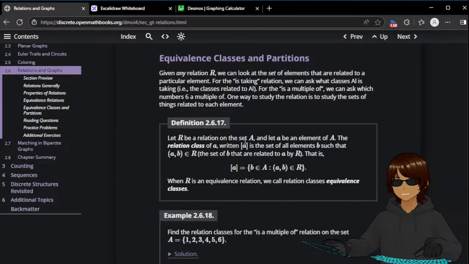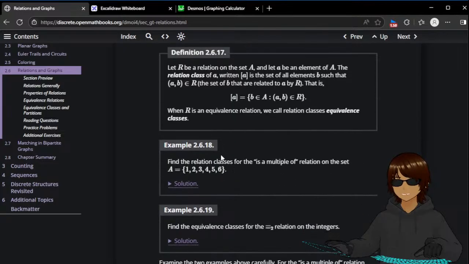Find the relation classes for the is a multiple of relation on the set A.